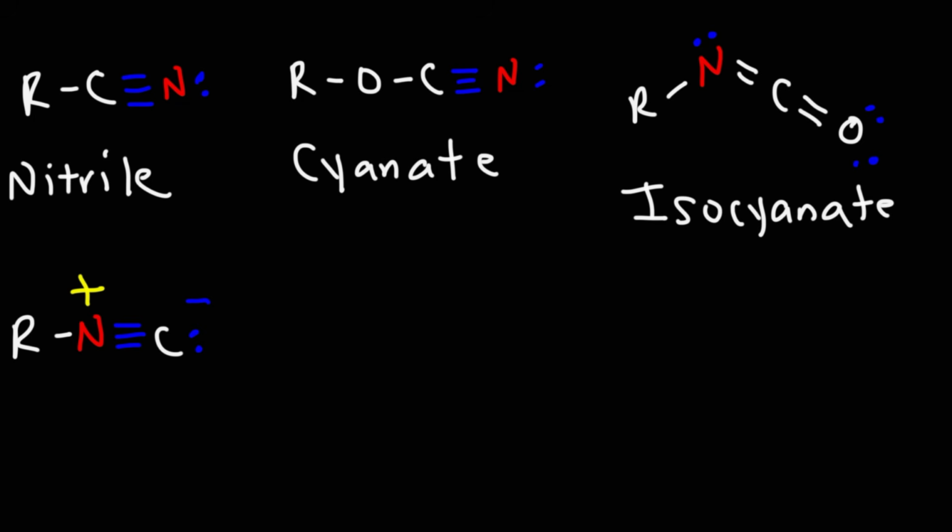The carbon will have a negative formal charge. So they won't be neutral in the case of the nitrile functional group. Now, in isocyanate, what if we replace the oxygen with the sulfur? It might be more accurate to draw this way.